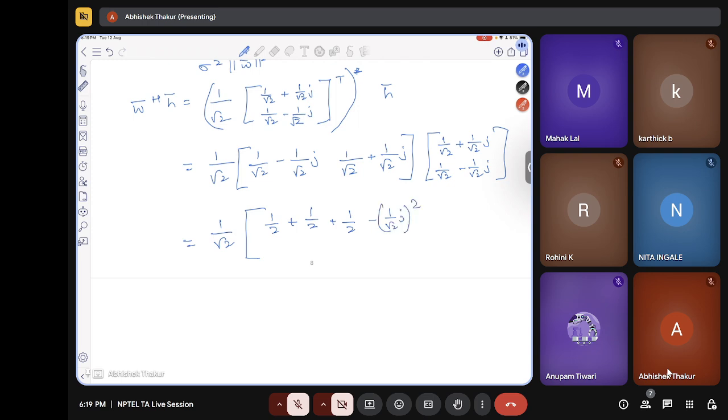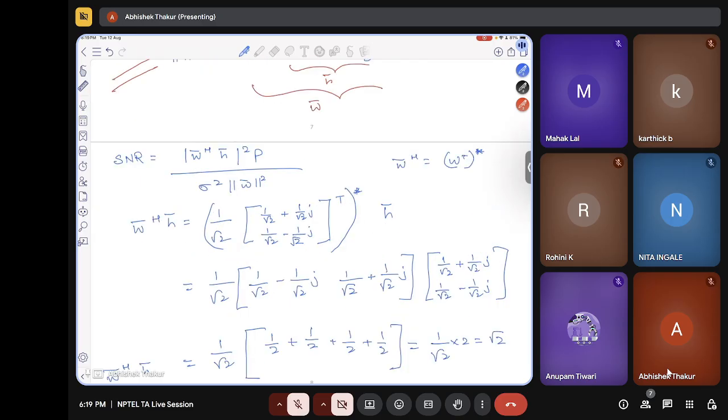So again this will become 1 by 2. Understood how it came? So now this will become 1 by root 2 into 2. So this will become root 2. So our W bar Hermitian H bar is root 2.